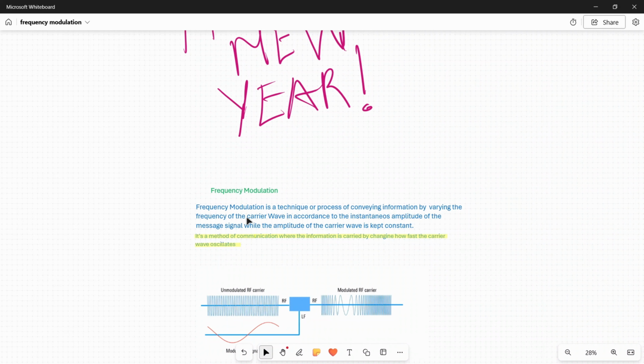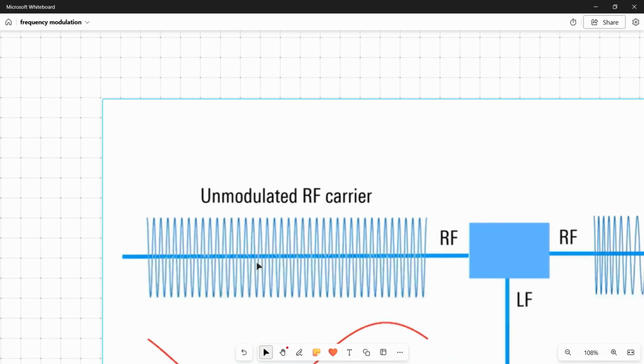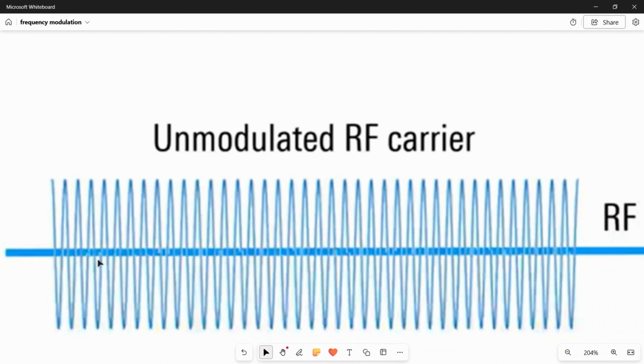Frequency, as we've been told, is just the number of cycles per unit time. If you can see my screen, it's how many of these cycles occur at a certain instant of time.